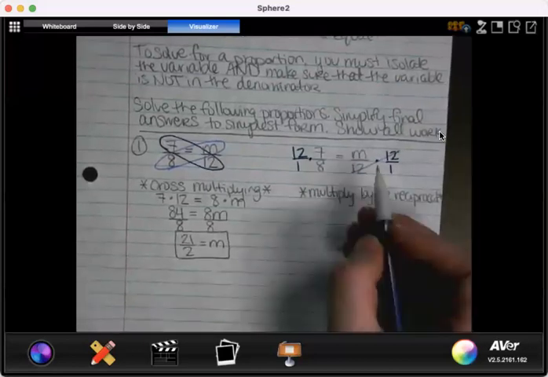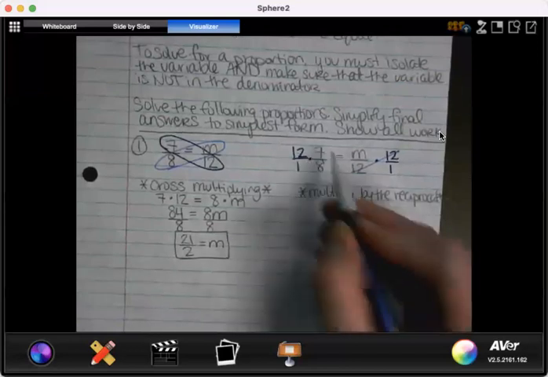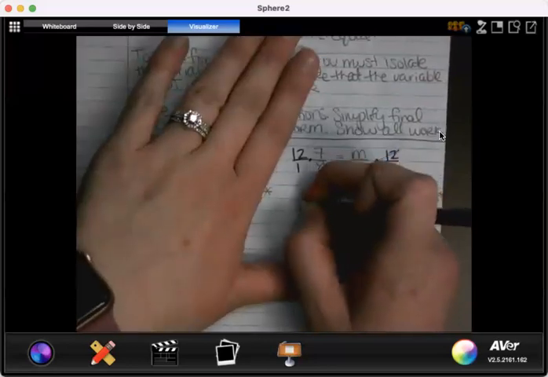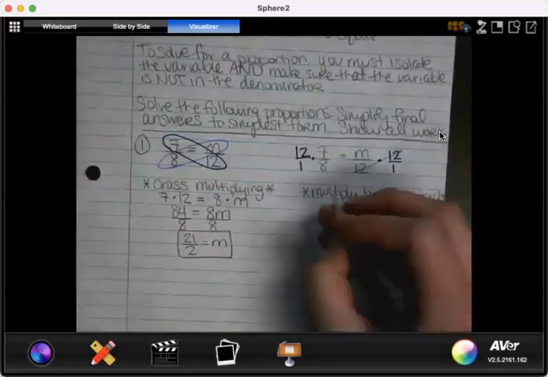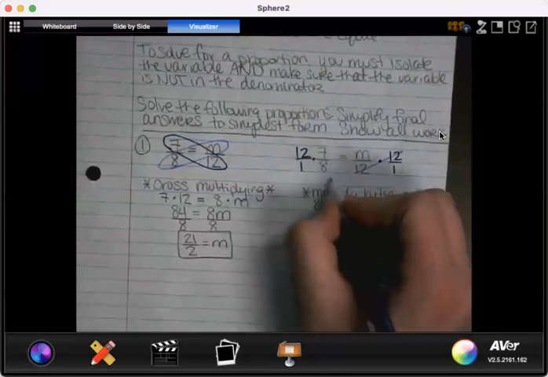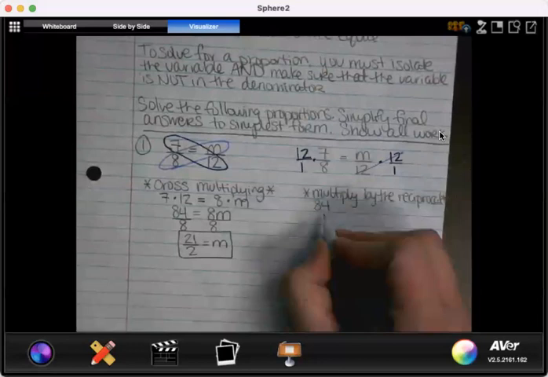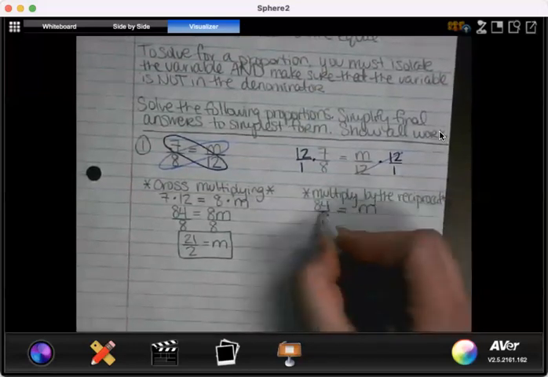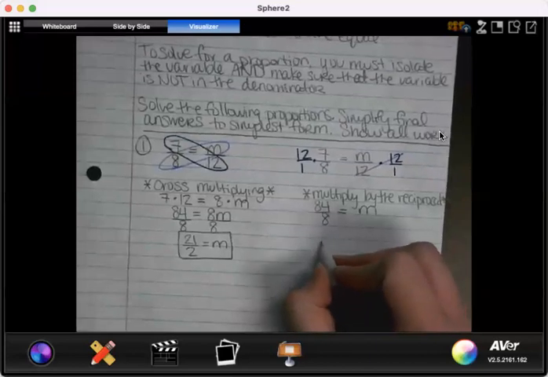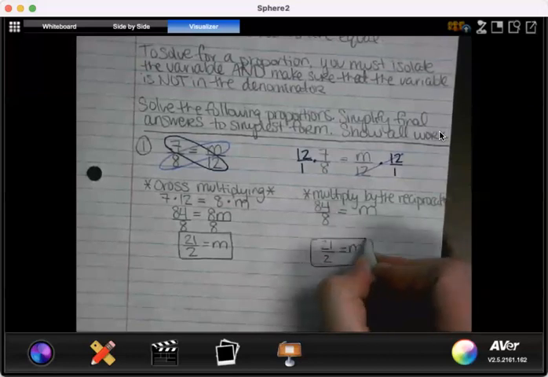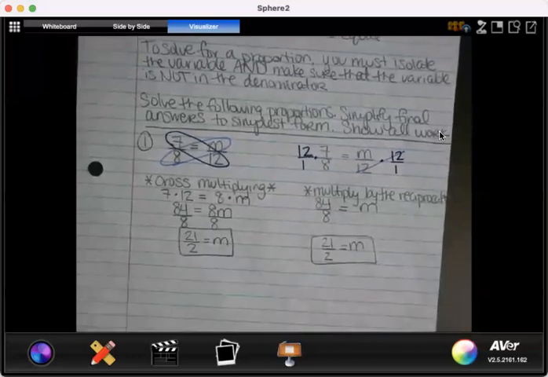And then we would get a similar situation: 12 times 7, which is 84 times 1 divided by 1 times 8, which is 8, would equal m, which again would simplify to 21 halves. So both methods work, but in most cases, cross multiplying will make your problem go a little bit quicker.